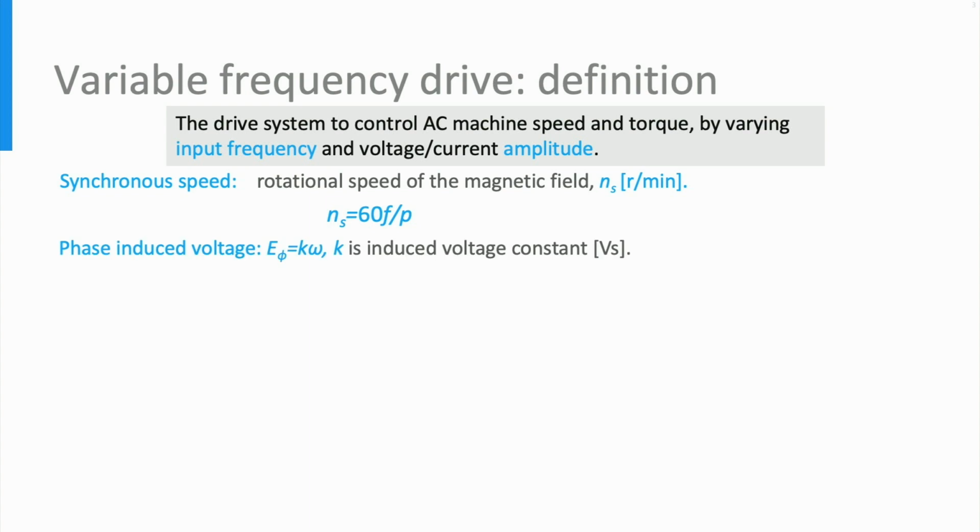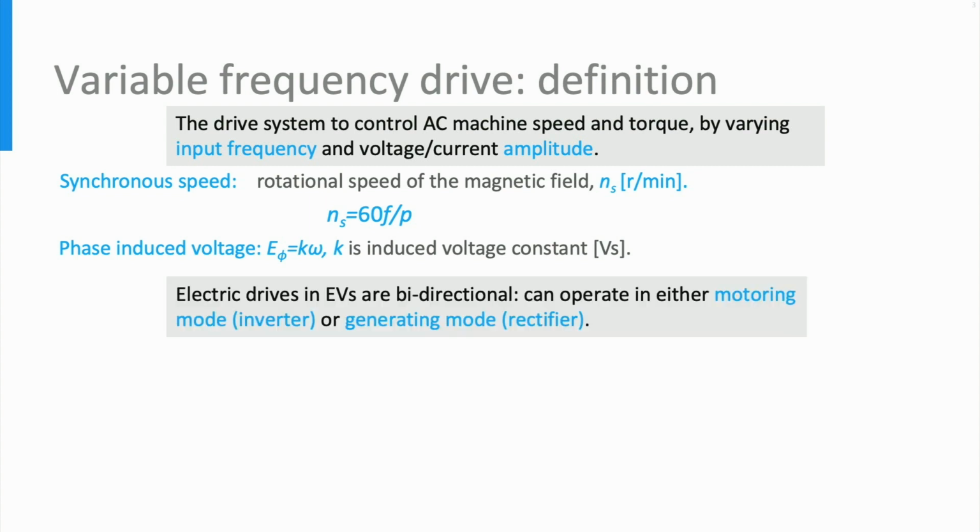The voltage induced due to the rotating magnetic field is given by the formula E equals K times omega, where omega is the rotor angular speed and K is the induced voltage constant. Therefore, as we can see, in order to control the speed of the machine, both frequency and the voltage amplitude have to be varied.